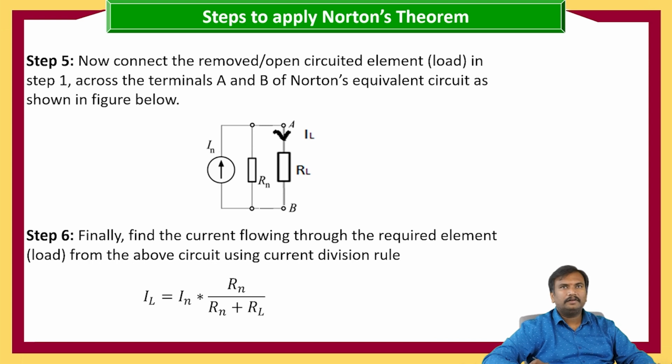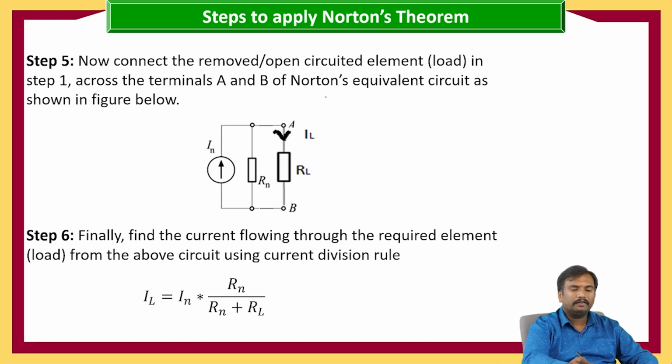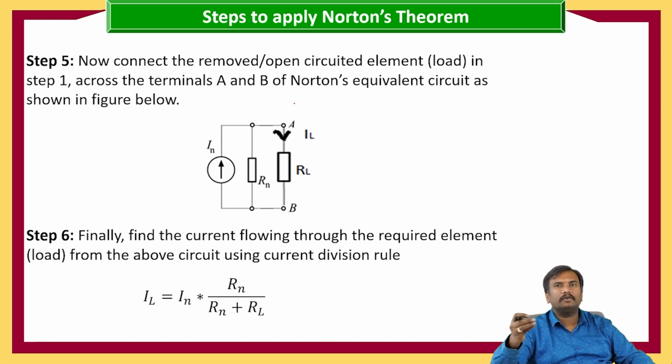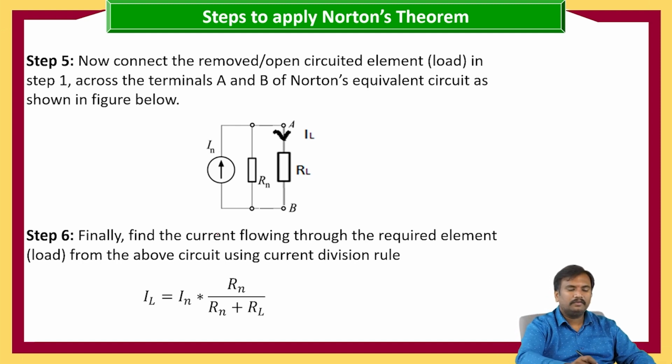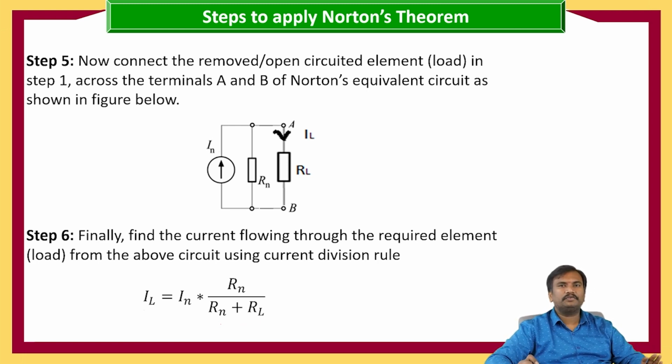The next step, we are going to connect the load resistance, the load resistance we have removed, in order to calculate the load current. Finally, we are going to calculate the current using the current division rule. That is, IL is equal to IN into RN by RN plus RL. So these are the 6 steps we need to follow in order to calculate load current using Norton's theorem.